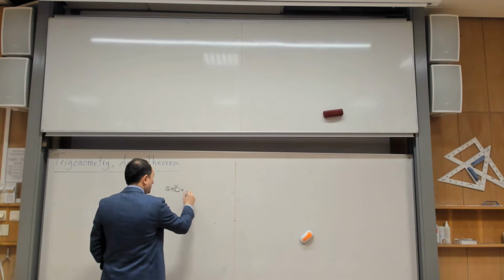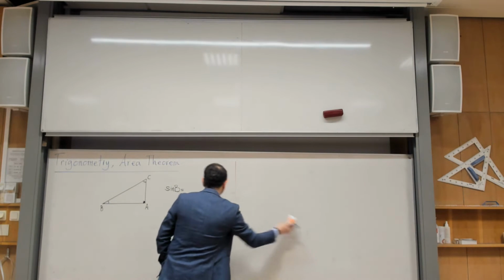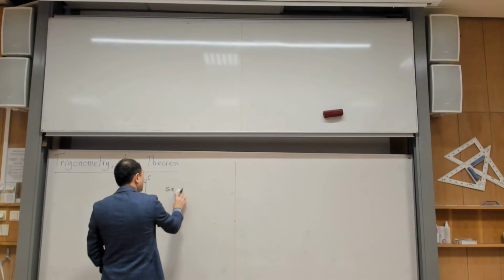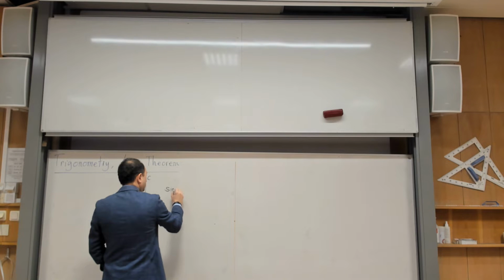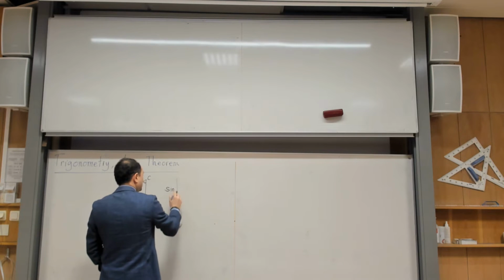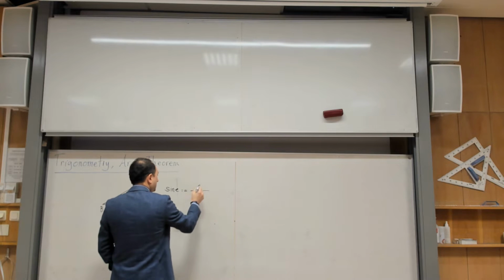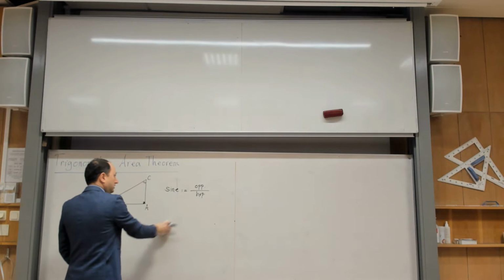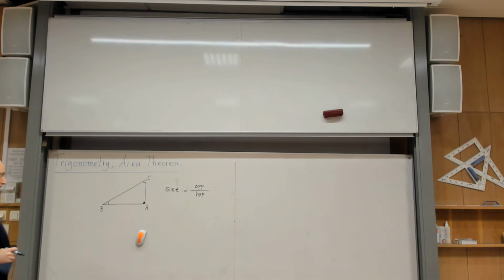So if you don't mind, let me write like this. Sine is defined to be the opposite side divided by the hypotenuse. These are acronyms for opposite and hypotenuse.